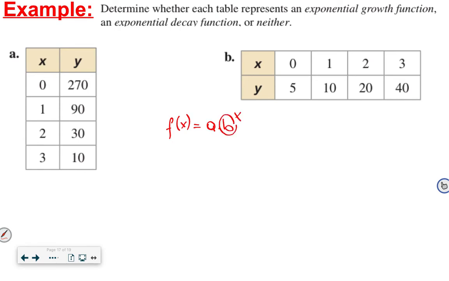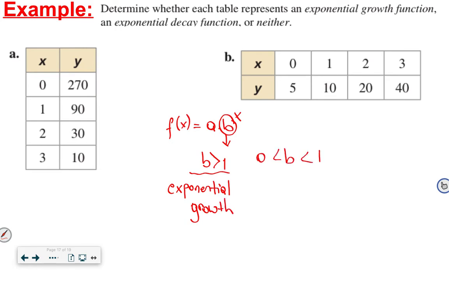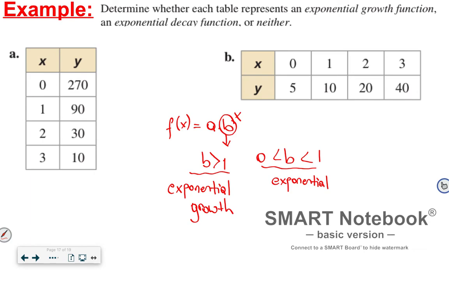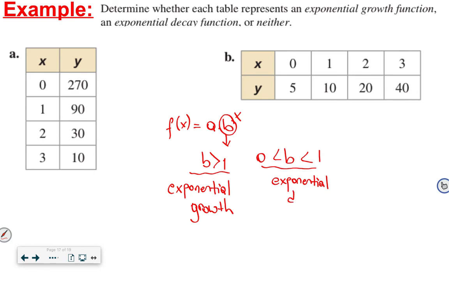If b is greater than 1, then we will call it exponential growth. If b is between 1 and 0, then we will call it exponential decay.